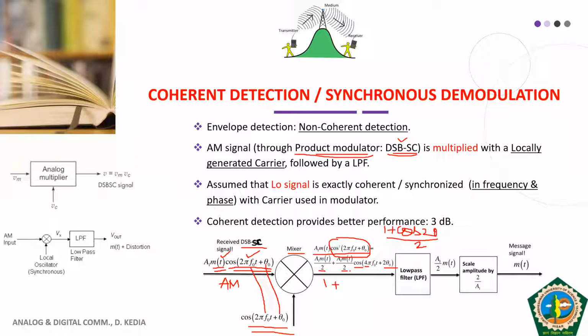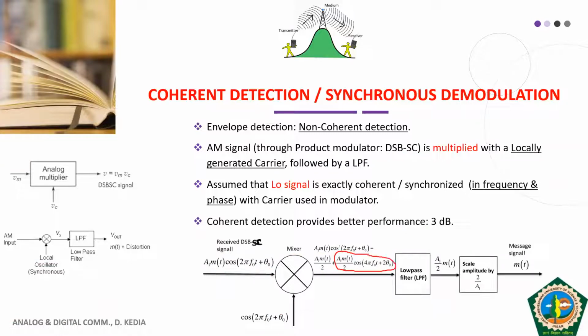Here you now see what is happening. This is cosine of 2 omega naught, which is nothing but a high frequency. So this portion of the signal is a high frequency signal. And this is a low frequency signal which has the modulating signal m(t) as a part.